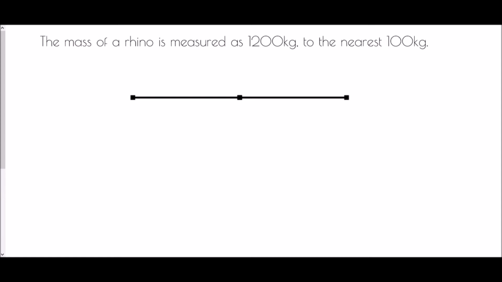So I've set up a little number line, because I want to mark on the values that we have been given. We've got 1200 kilograms as the actual value.